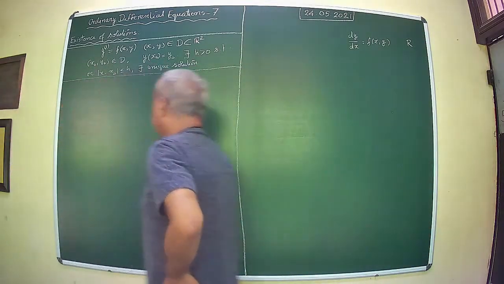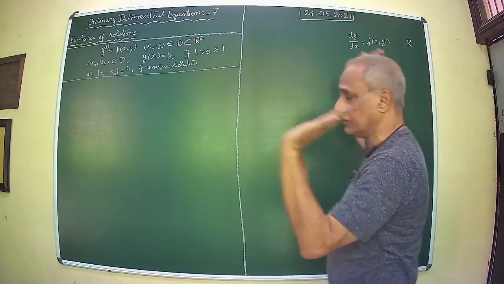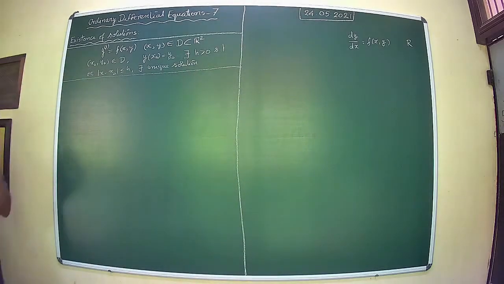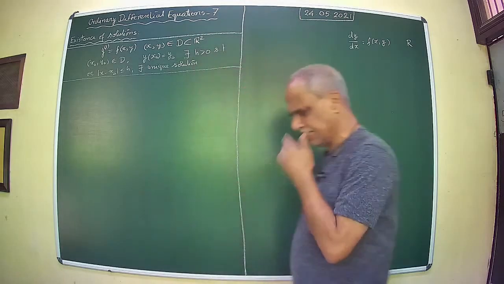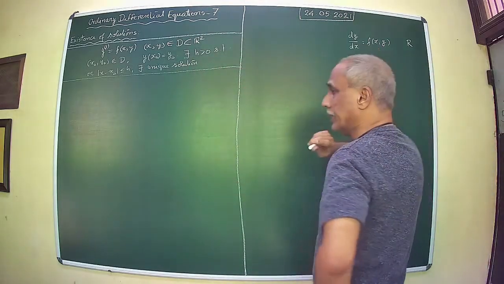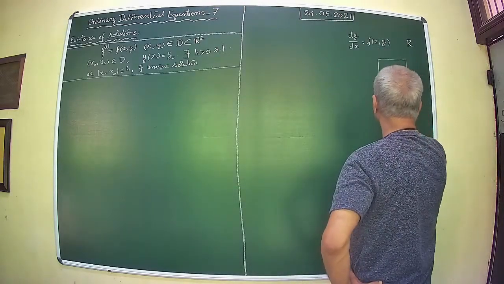We are assuming f to be continuous on R. And R is compact, therefore f is bounded there also. So f is bounded by some M or something like that. It is immaterial.